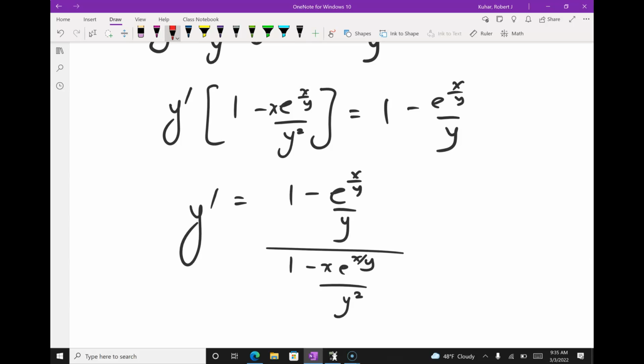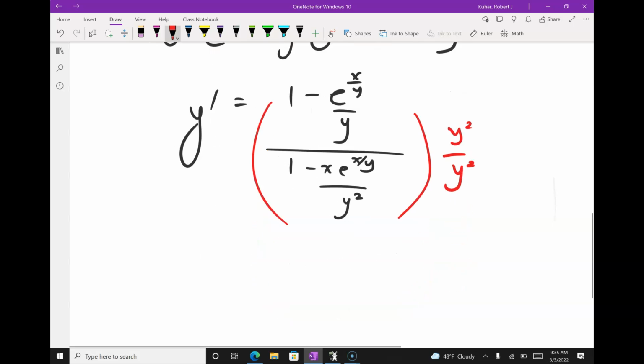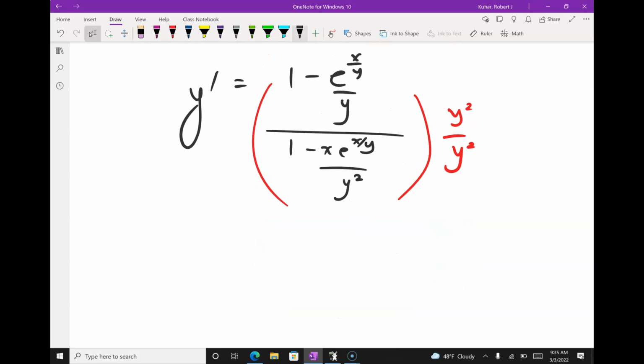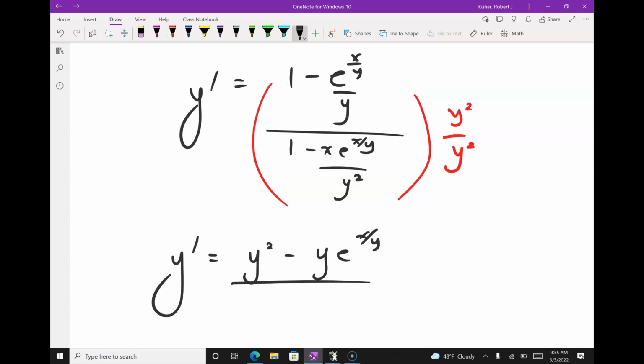So first of all, I need to multiply by y squared over y squared. So I get y squared minus y times e to the x over y, and then I get y squared minus y squared minus x e to the x over y.